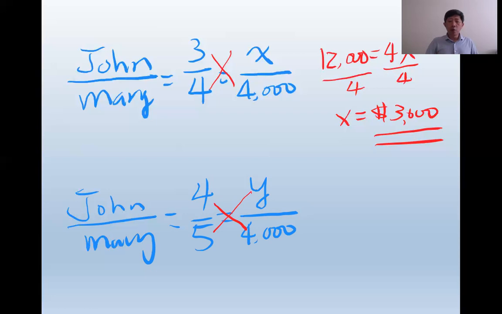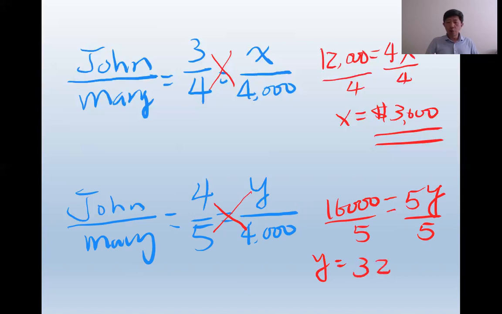So 4/5 equals Y over 4,000. Again, we cross and multiply, we get 16,000, which is equal to 5Y, right? Now next, divide by 5 for both. How much is Y? Y is 32,000, right? 32,000.